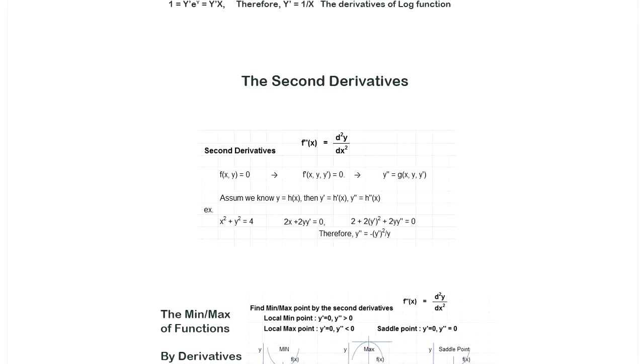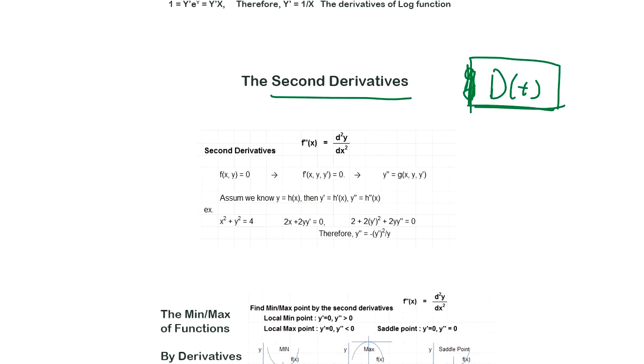The second derivatives, the slope of slope function. So why do we care about second derivative, slope of slope? I'll give you the reason. Okay, suppose you have a distance over time in physics. The velocity is actually slope function of distance, and the acceleration is a slope function of velocity.